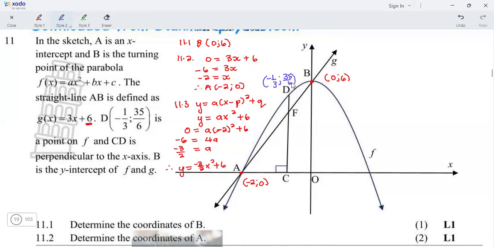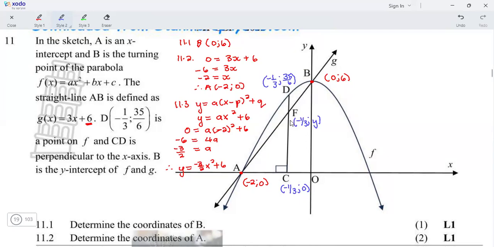So now, this line is perpendicular to the x-axis, which means every point here will have the same x value. So F, the x value will also be -1/3, but we don't know the y value. And C, the x value will be -1/3, and the y value will be 0. So what we need to find is the y value of F.